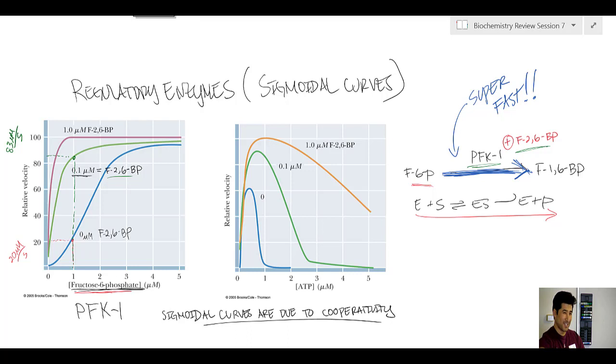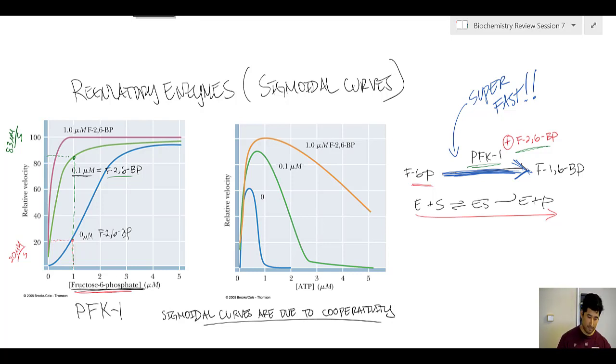Excellent work. Good job. So whenever you introduce an allosteric activator, you have just reduced the cooperativity. And now the enzyme behaves more like a Michaelis-Menten enzyme. So allosteric activators reduce cooperativity.